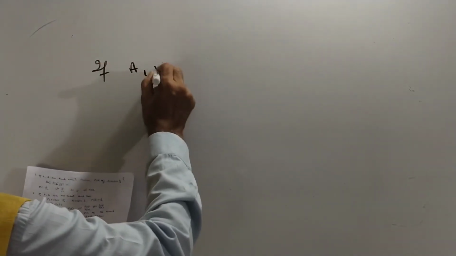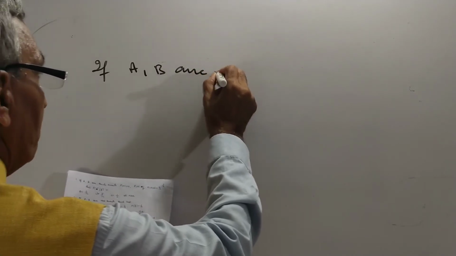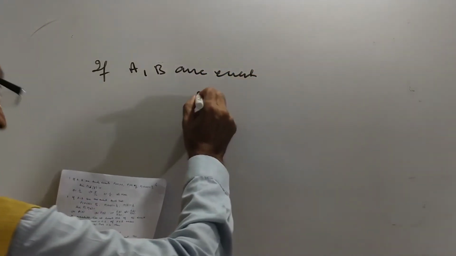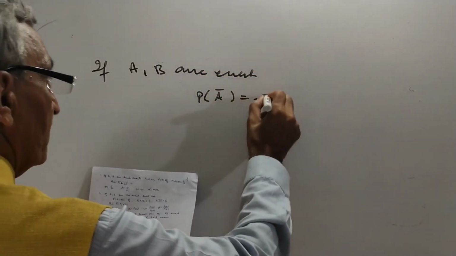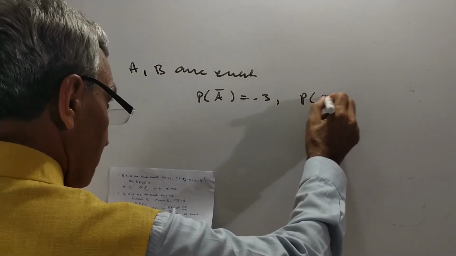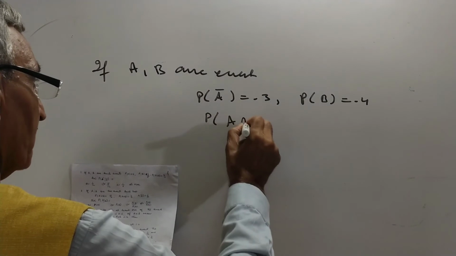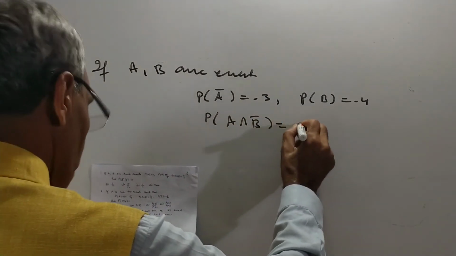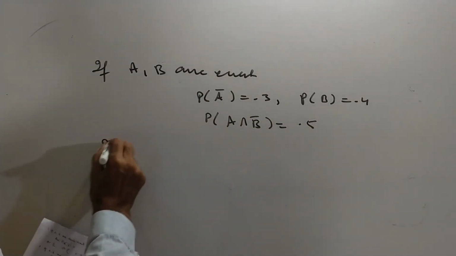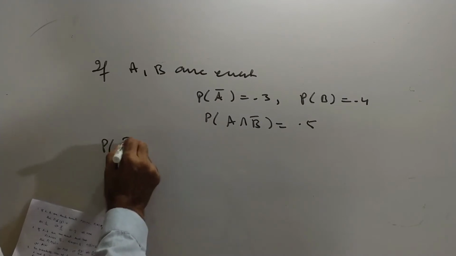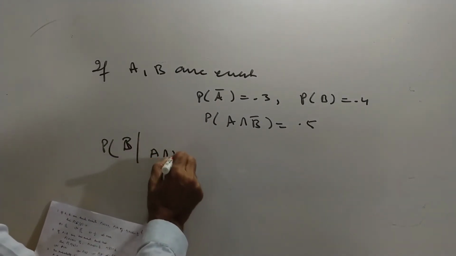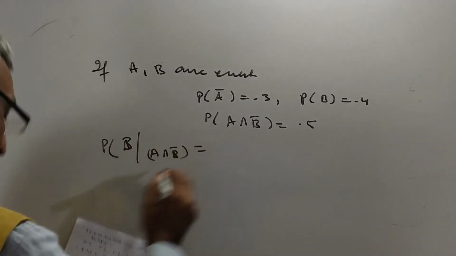मेरा अगला सवाल है, if A and B are the two events. What type of events, friends? Probability of A not is equal to 0.3 and probability of B is equal to 0.4 and probability of A and B not is equal to 0.5. We have to find the answer of B given A intersection B not. What is the answer?